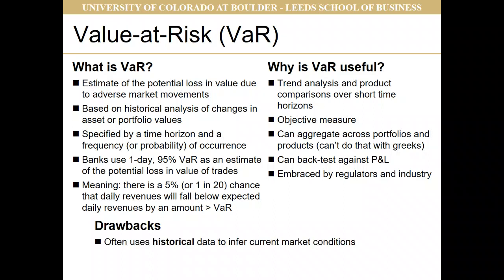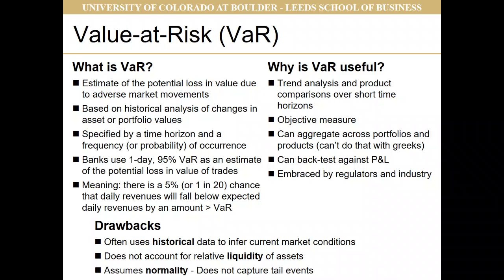Some of the drawbacks would be that one often uses historical data to infer what the market might do in the future, and that is often a fraught exercise. This does not account for the relative liquidity of assets, and it assumes normality. It doesn't capture tail events perfectly well.